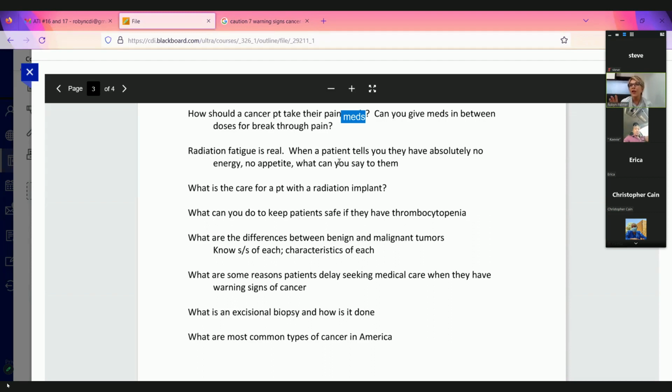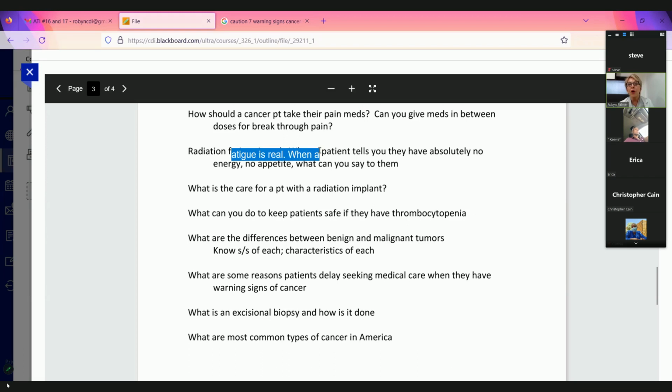A cancer patient should have pain medications throughout a 24-hour period, because if you just give it to them in the day, they're not going to sleep well at night. Maybe their pain meds were ordered 10 a.m., 2 p.m., 6 p.m. Well, they really need it around the clock to control that pain. What you don't want is for the pain to get the upper hand, okay? And then, of course, you can give them meds for breakthrough pain.